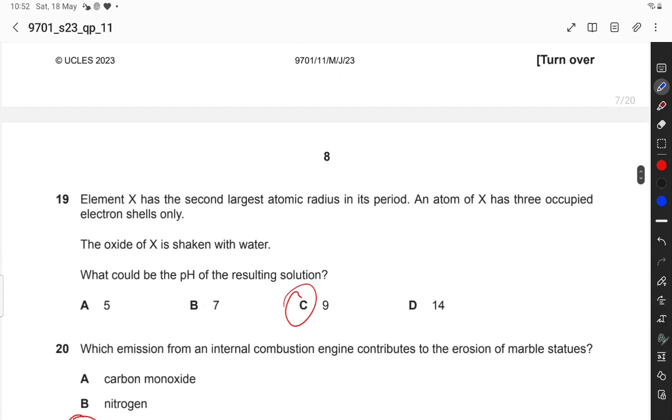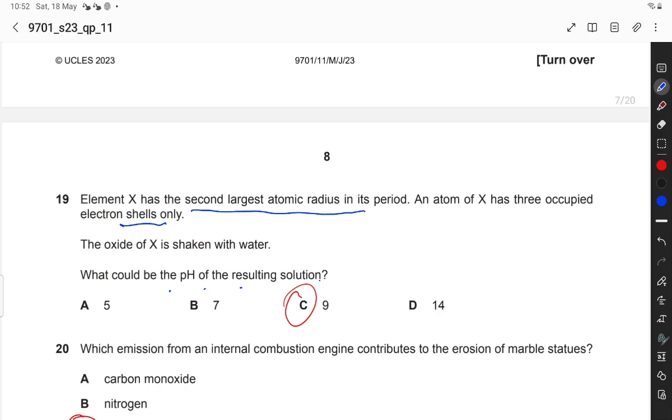Element X has the second largest atomic radius in its period. An atom of X has 3 occupied electron shells only. The oxide of X is shaken with water. What could be the pH of the resulting solution?